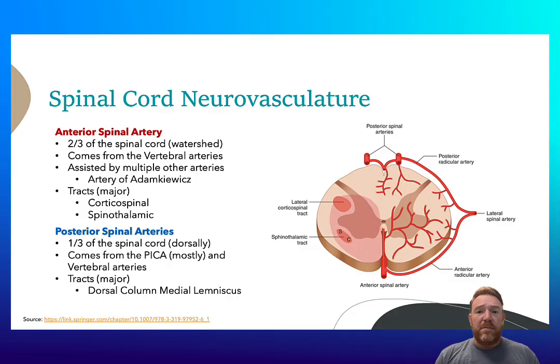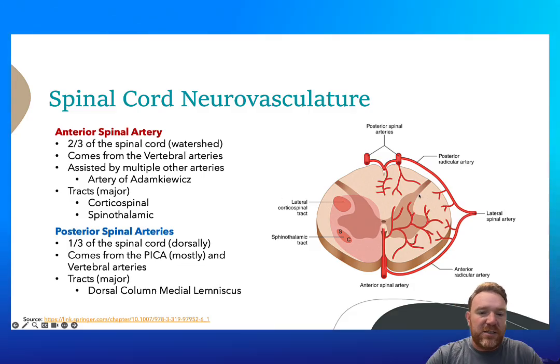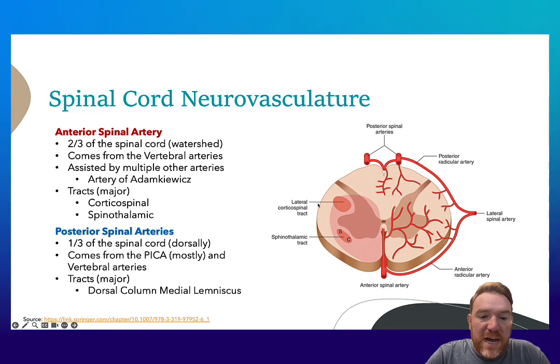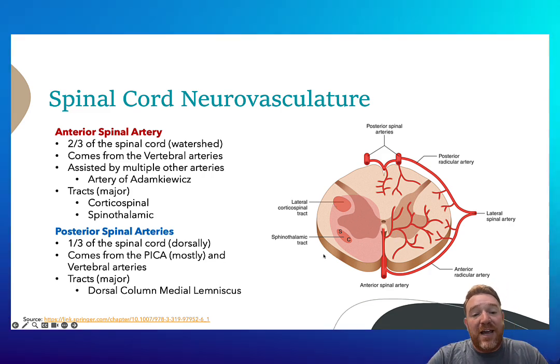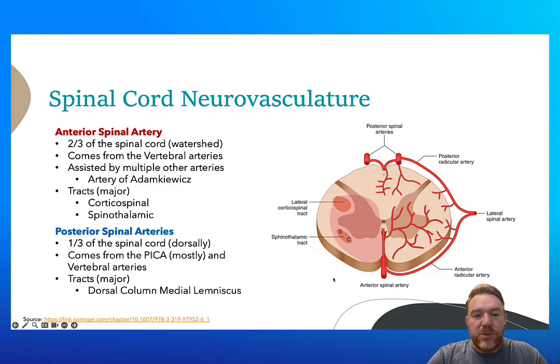Even with a AAA bypass surgery, sometimes the artery of Adamkiewicz gets cut, or some sort of stroke happens, disease process. And so if that were to happen, we would have a bilateral issue with motor and pain and temperature. So we see our lateral corticospinal tract here and our spinothalamic tract. Corticospinal is motor, spinothalamic is pain and temperature.